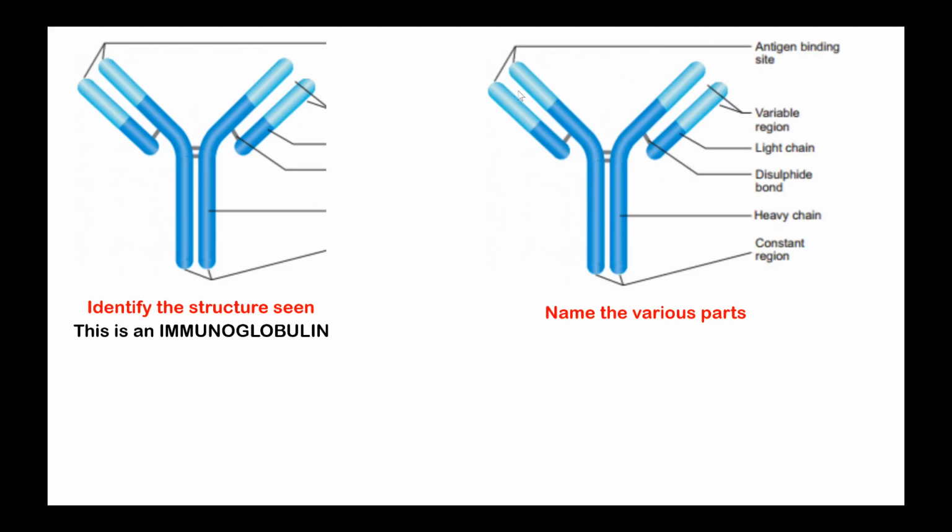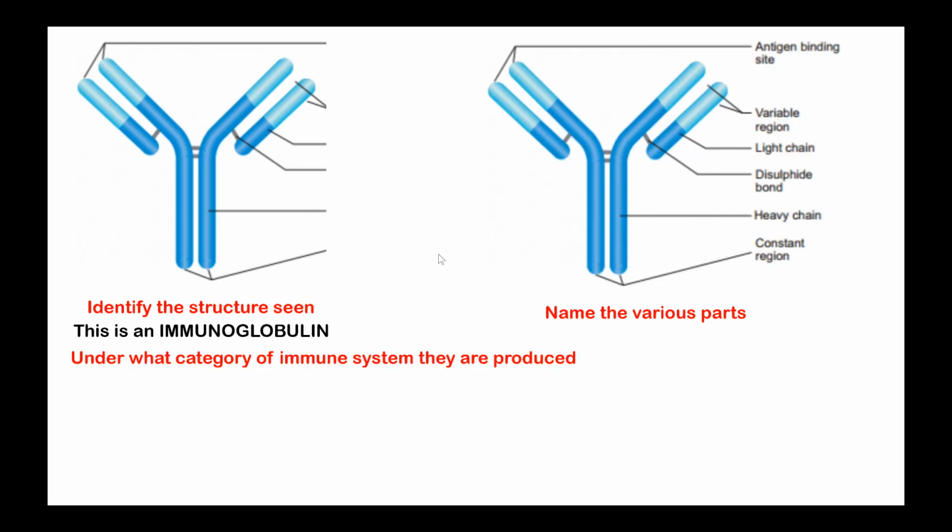These are the antigen binding sites. We have the light chain and a heavy chain. Then we have a disulfide bond. Then we have the constant region and the variable region. The thick blue is the constant region. The light blue is called the variable region.